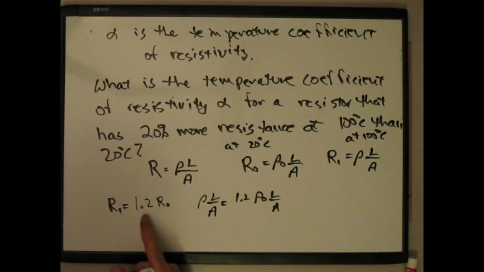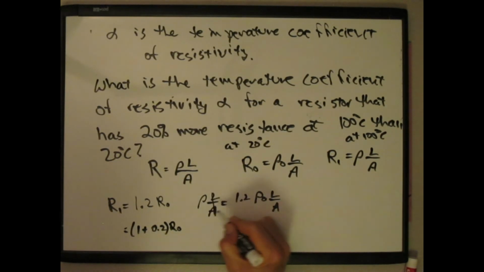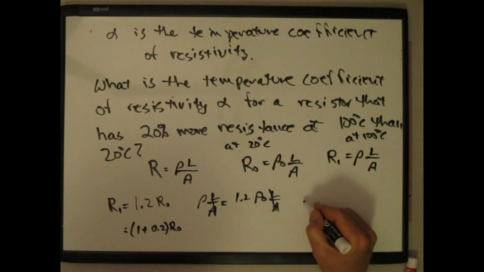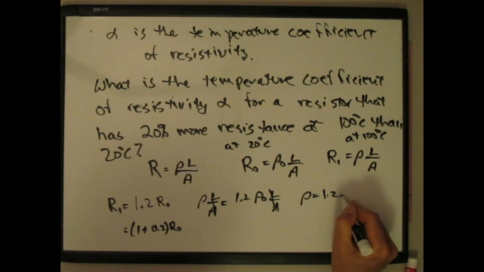R is 20% greater. It's equal to 1 plus 0.2 times R0. It's equal to R0 plus 0.2 times R0. It's 20% greater. All right, I've beaten a dead horse. The L and the A cancel here, right? And this says rho is equal to 1.2 rho naught.